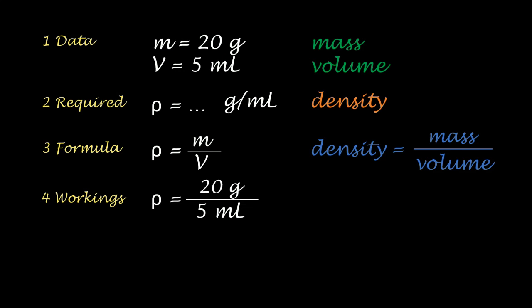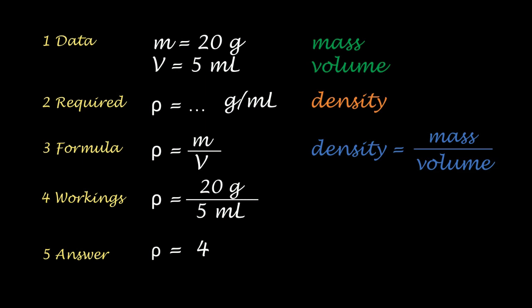The next step is the answer. You always start with writing down what you are calculating or what the answer is. And the answer is a density. So Greek letter rho equals 20 over 5, that is 4.